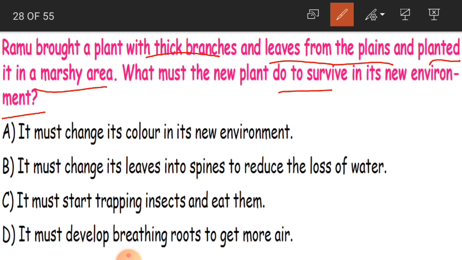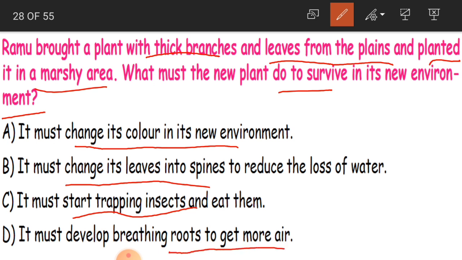A option is it must change its color in its new environment. B is it must change its leaves into spines to reduce the loss of water. C is it must start trapping insects and eat them. D is it must develop breathing roots to get more air.